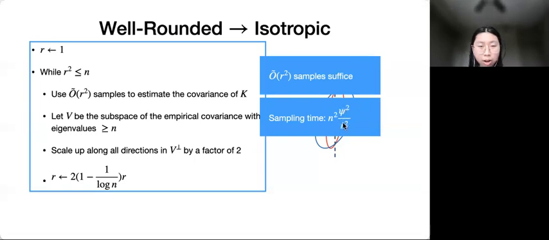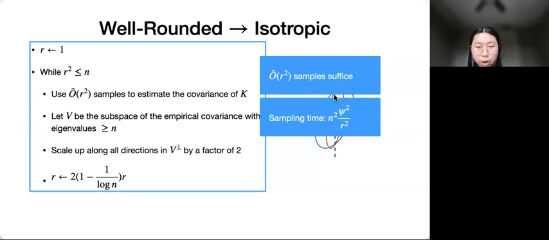So when R is larger, that means the inner ball is close to a ball of radius square root R. And we also know that the body is well-rounded, so it's also covered by a ball of radius square root R. So K goes close to isotropic. And in that case, the sampling time will be smaller because it's easier to sample an isotropic body.